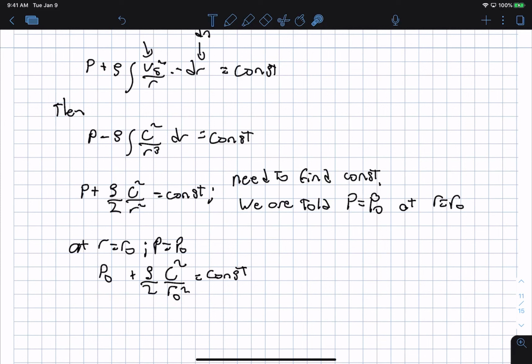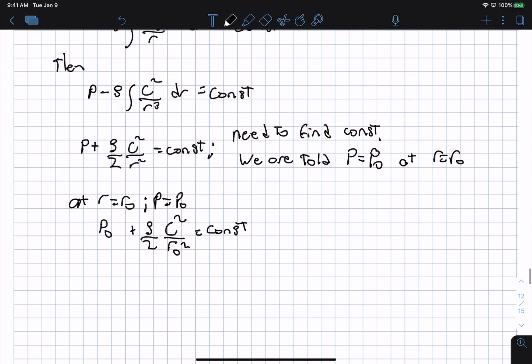So now we know our constant, and we can substitute that into our main expression. Finally, we have that P plus rho c squared over 2R squared equals P naught plus rho over 2 times c squared over R naught squared.